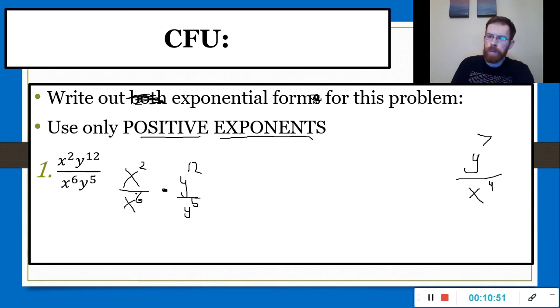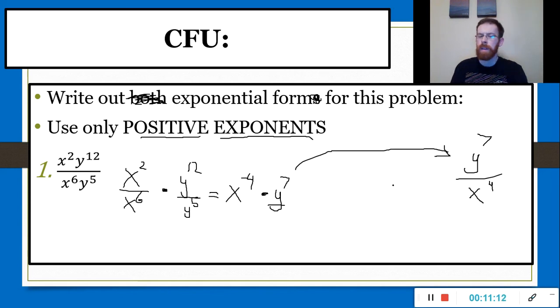So, x squared divided by x to the 6th, that's going to be the same thing as x to the 2 minus 6, it's going to be negative 4. Times, what's 12 minus 5? 7. So it definitely looks like we have our 7.